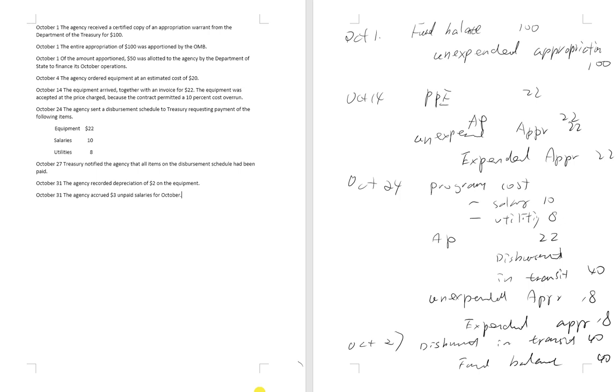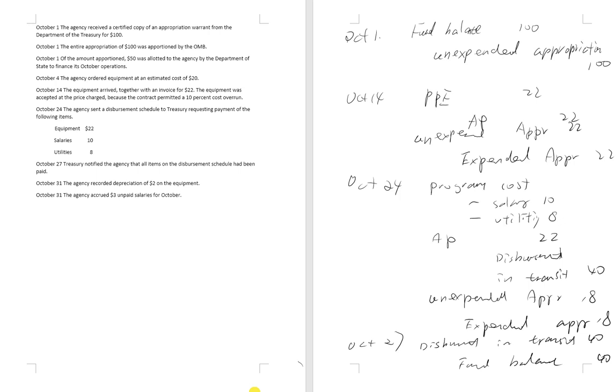Then October 21st, the agency recorded depreciation of $2 on the equipment. It has nothing to do with the budgetary work because it's accrual accounting, right? So in budgetary work, we don't record this depreciation. But for the proprietary work, we're going to record this depreciation, right?